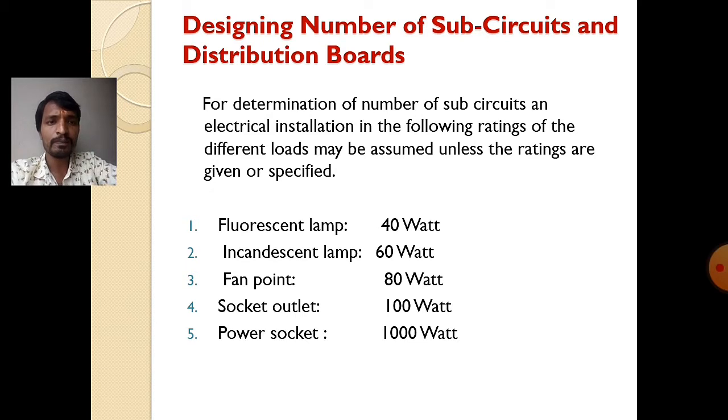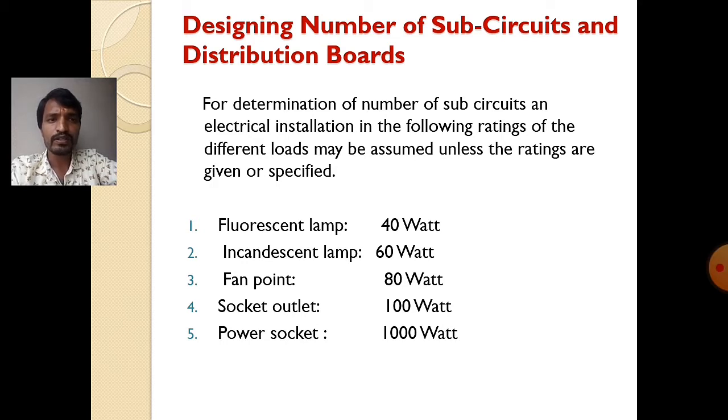The number of subcircuits can be designed depending upon the number of points and also the wattage of the total house. Here a point is nothing but an electrical appliance. Suppose a fluorescent lamp, we can consider it a lamp point.